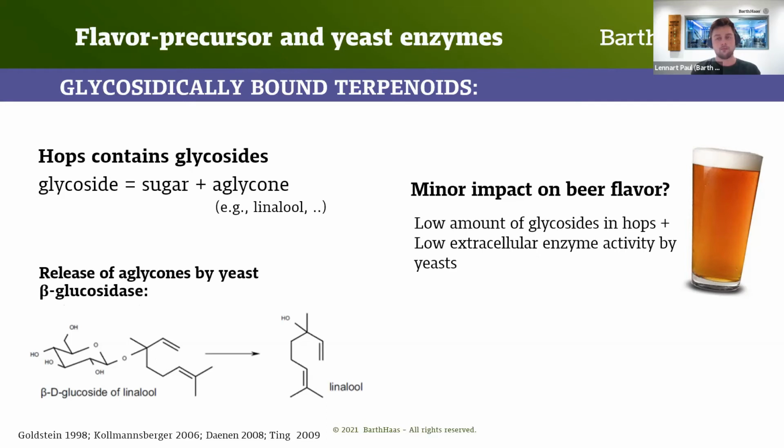This is because the main part of the beta-glucosidase activity in the yeast is intracellular and extracellular, and it's not possible for these glycosides to pass the cell wall. You can try to open up the yeast cell, but then you will result in autolysis, and this will make some off-flavors which you really don't want.